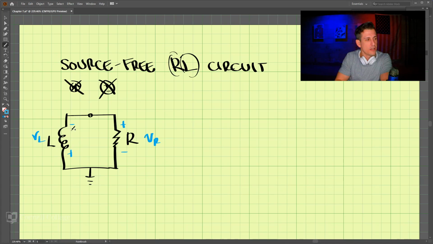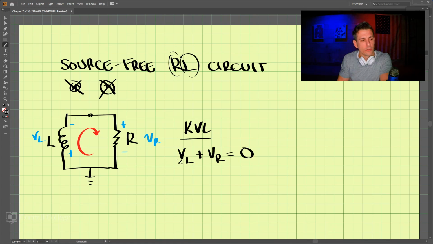And I drew this plus minus here because we're going to look at a loop. And we know that the sum of the voltages around this loop, KVL, Kirchhoff's voltage law, must be equal to 0. So if we take a look, we have VL plus VR is equal to 0.